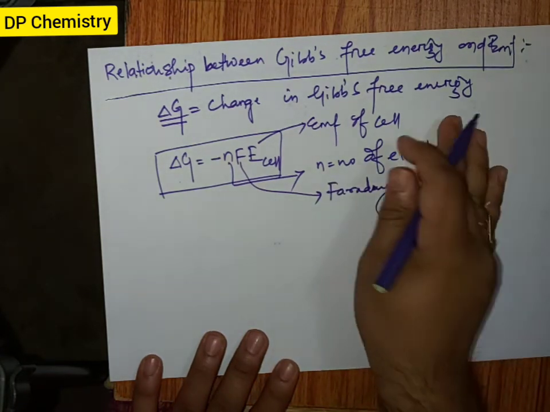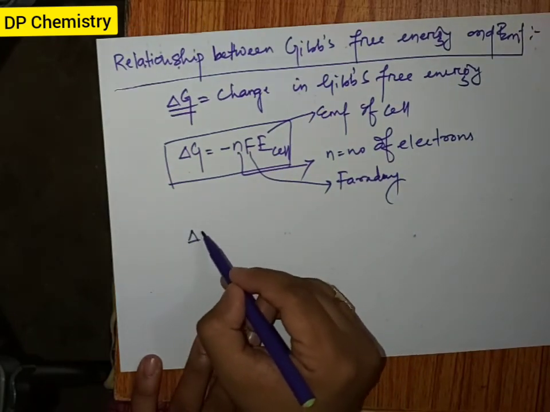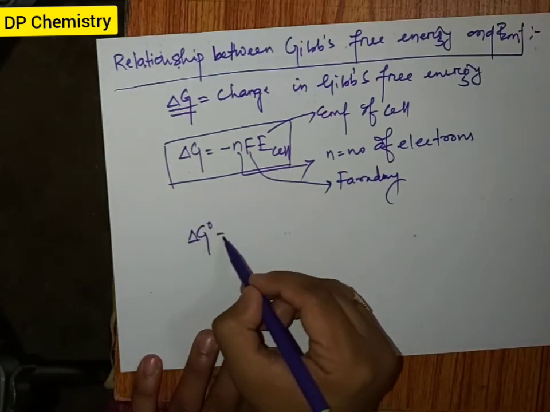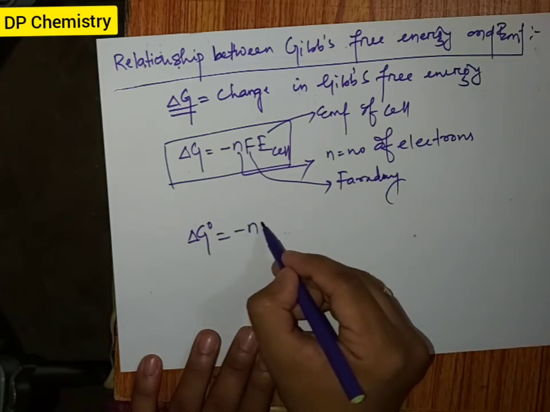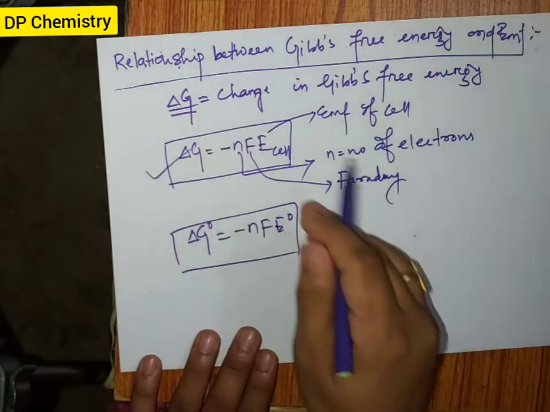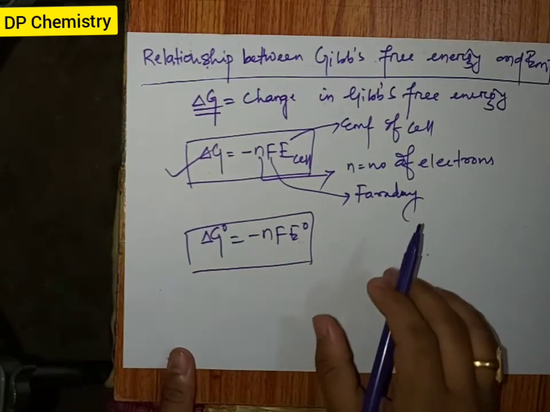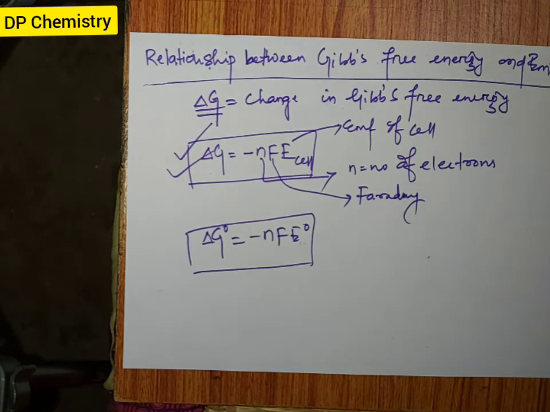If I take standard conditions, then it will be del G naught is equal to minus nF E naught. You have to remember this equation, and in the next class we are going to discuss some problems using this equation.